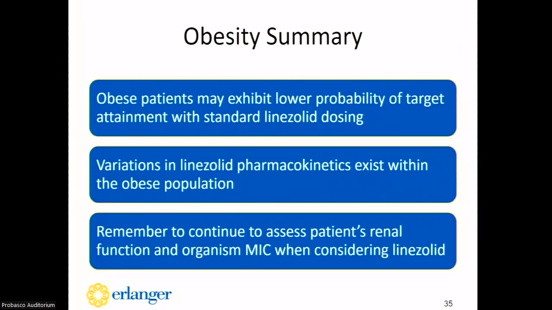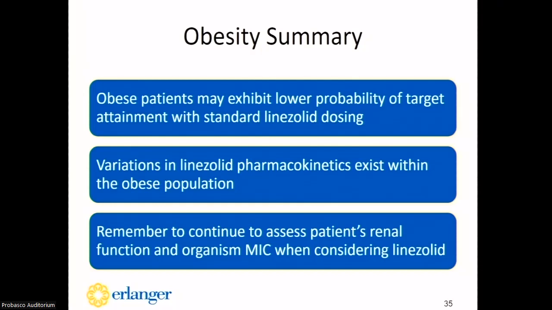So to summarize our obesity section, obese patients may exhibit lower probability of target attainment when we consider the standard linezolid dose of 600 milligrams every 12 hours. Variations exist for the linezolid pharmacokinetics within the obese population, and it's important to remember to continue to assess patients' renal function and organism MICs when considering linezolid in this population.